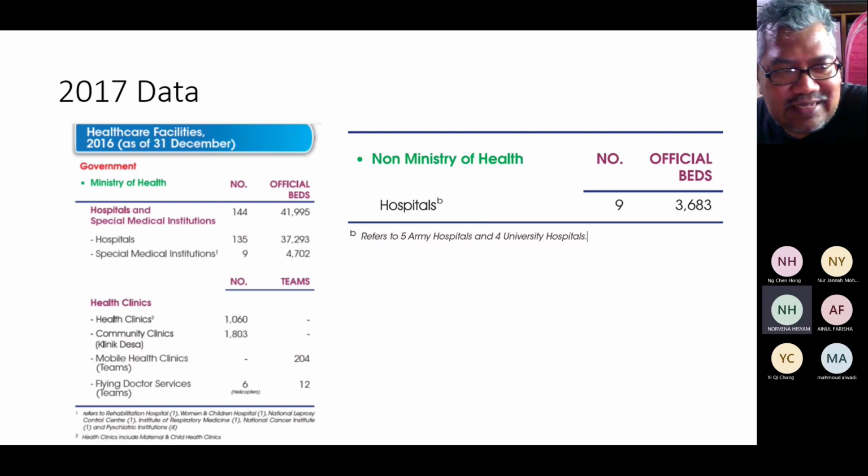These include Institut Kesihatan Negara, Institut Kanser Negara, and Institut Perubatan Respiratori, which is the National Institute of Respiratory Medicine, and the National Institute of Cancer. Those are our special medical institutions. Even in Johor, I think they have 2, and one of them is just meant for cancers.